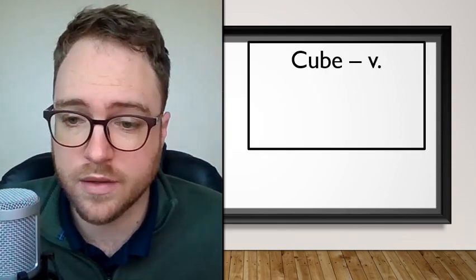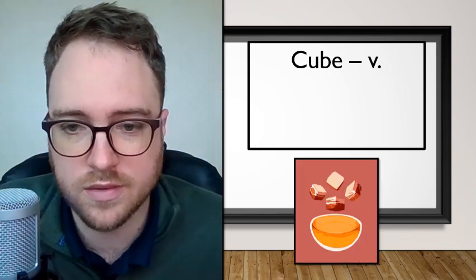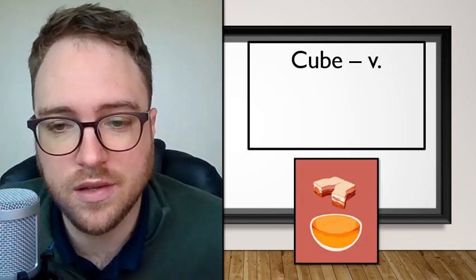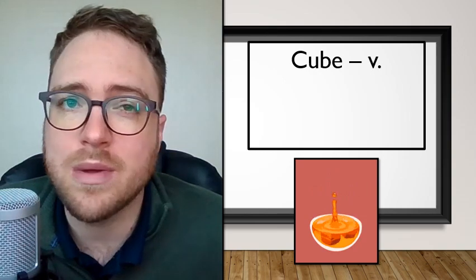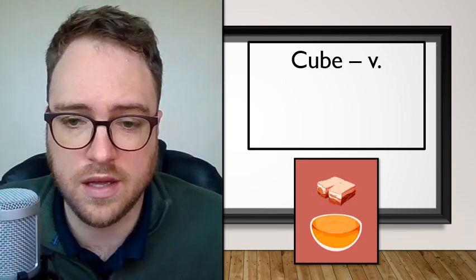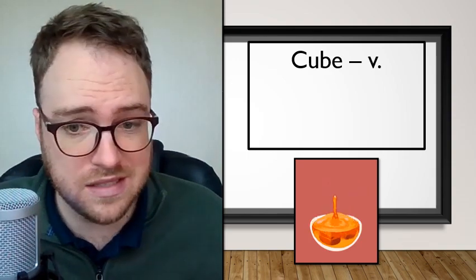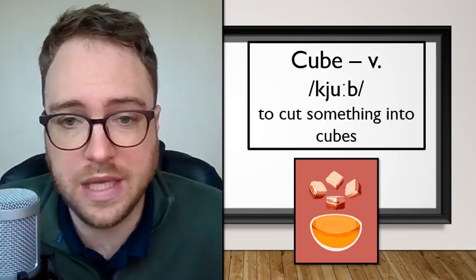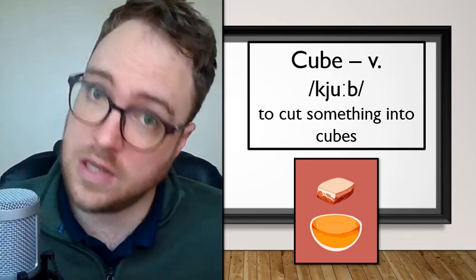All right, let's see our final word, which is cube. Here you can see the picture. Cube is a little bit different than something like chop or dice. Cube means to cut something into cubes.